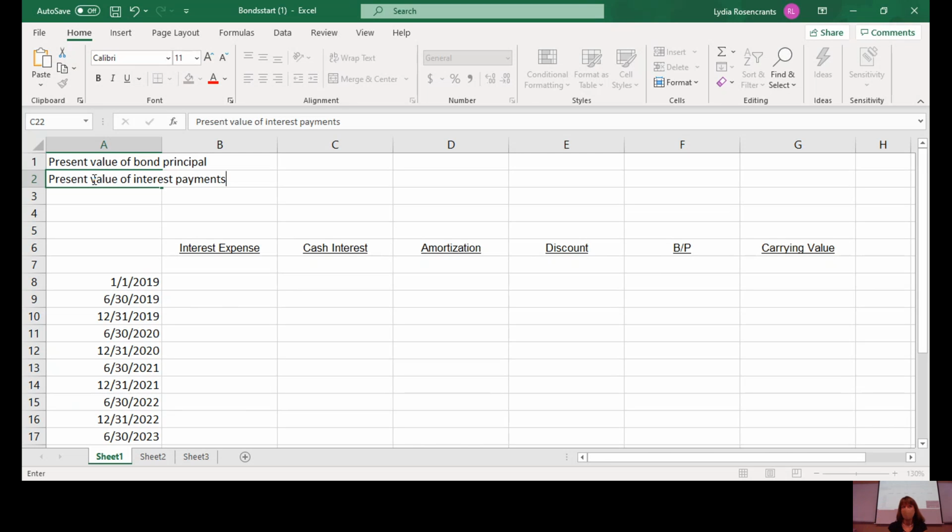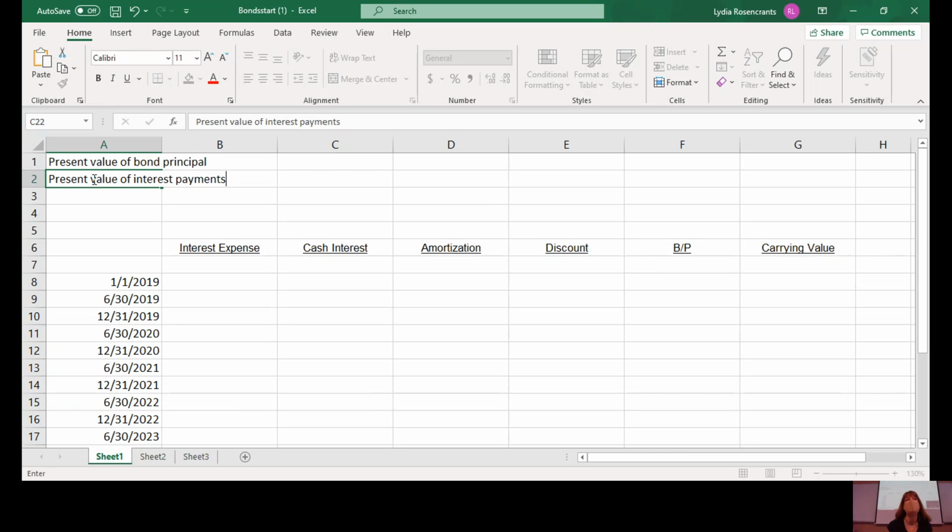So what they're really receiving is 2.5% of 80,000 every 6 months, okay? So if 5% of 80,000 is 4,000 a year cash, they're really receiving 2,000 each 6 months for the next 5 years, okay? So they get 2 sets of cash flows. One is the 80,000 at the end of the 5 years. The other is 2,000 every 6 months for the next 5 years.